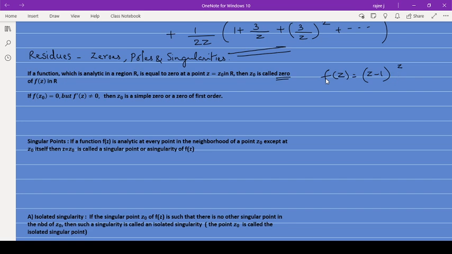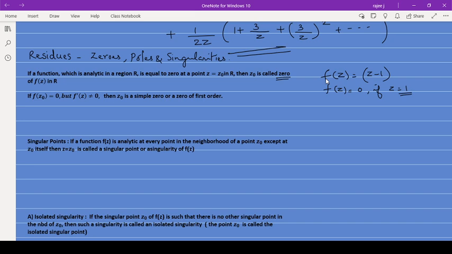That means this f(z) will become 0, f(z) equals 0 if z is equal to 1. When you put z equal to 1, f(z) becomes 0, then z equal to 1 is a zero of that f(z).